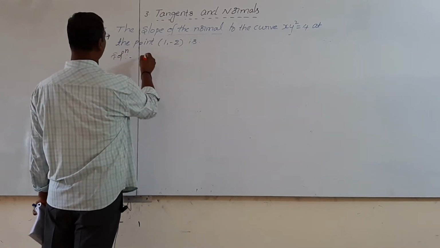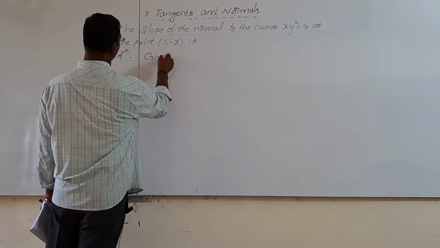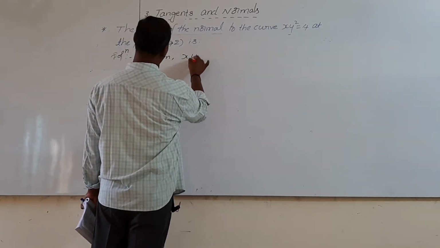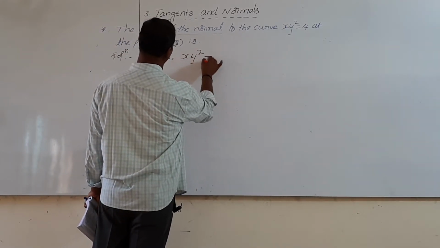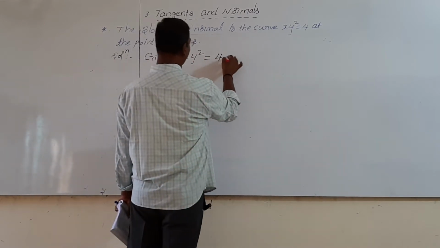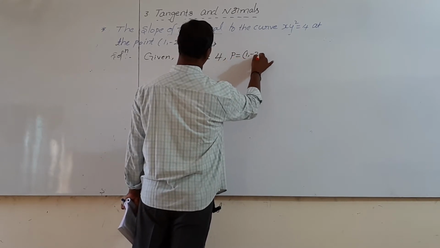Take the given curve x into y square is equal to 4 and given point P is equal to 1 comma minus 2.